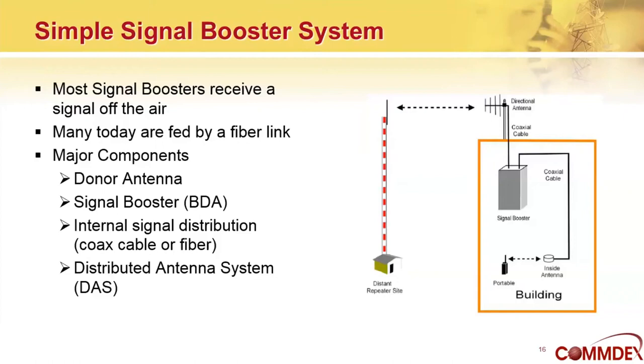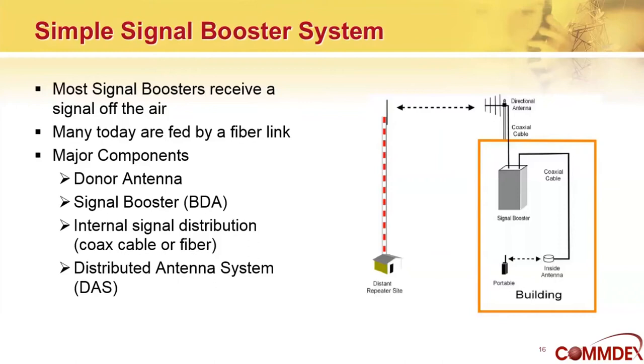There may be several antennas or there may be several hundred of these antennas in the building, depending on the building. And the engineers have software that will design these systems to allow full coverage throughout the building and determine how many antennas are needed and where they need to be located.